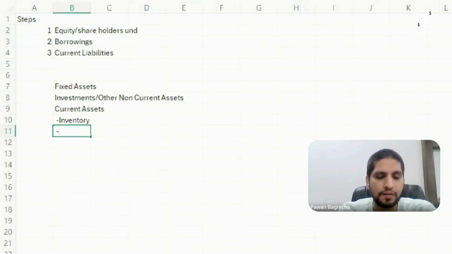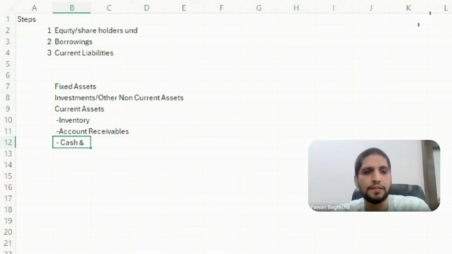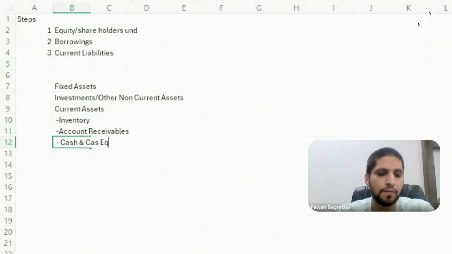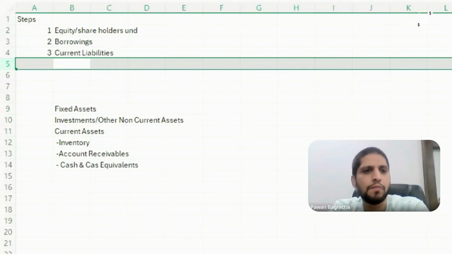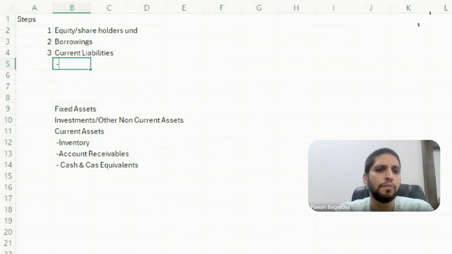Second is accounts receivables. Third is cash and cash equivalents. So in the current assets there are three major ones. In the current liabilities, the major one is accounts payables, or we can say sundry creditors.